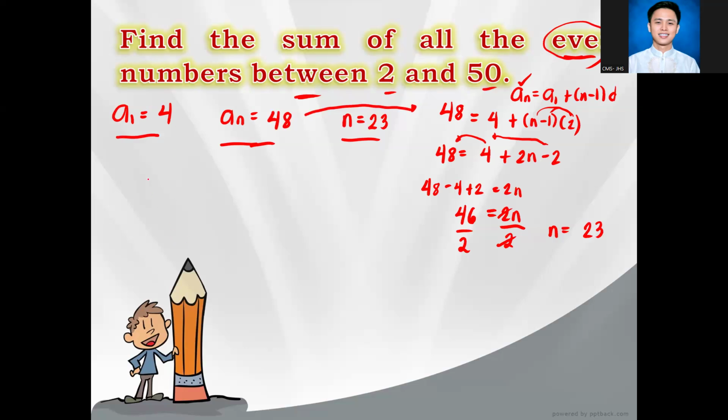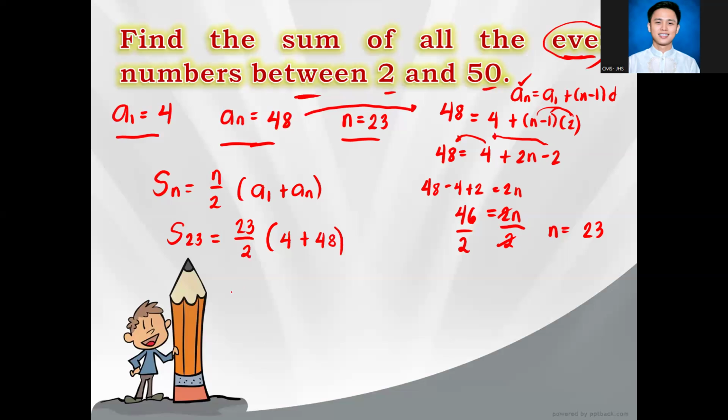So in this case, we can still make use of the first formula because the first term and the last term are given. So S sub n equals n over 2 times the first term plus the last term. Substitution only. Again, we are adding 23 numbers. So S sub 23 equals 23 over 2 times A sub 1 is 4 plus A sub n is 48. Simplify.